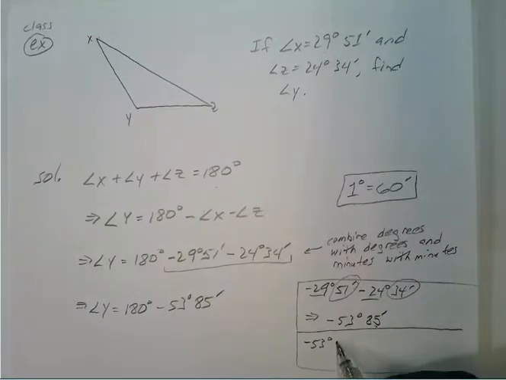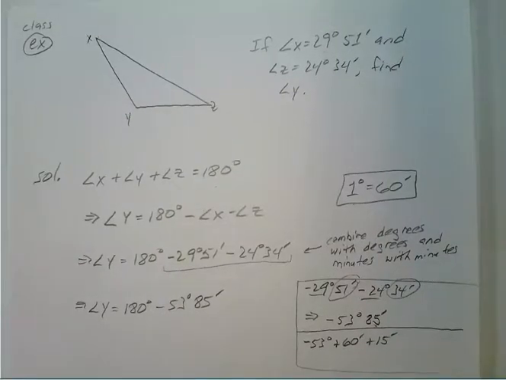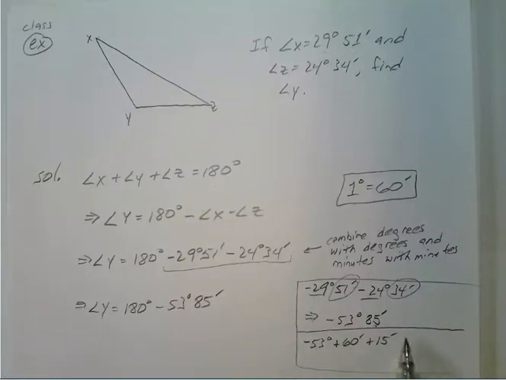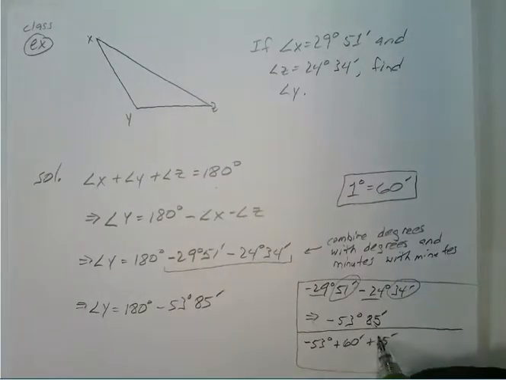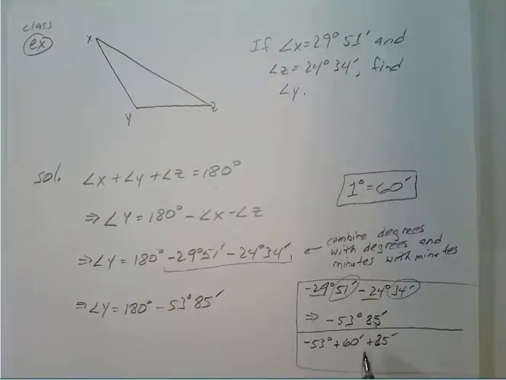So it will be 53 degrees plus 60 minutes plus 25 minutes, because that's still the 85 minutes. These are equal because all we did was break down the 85 minutes into 60 minutes plus 25 minutes. Sorry about that.